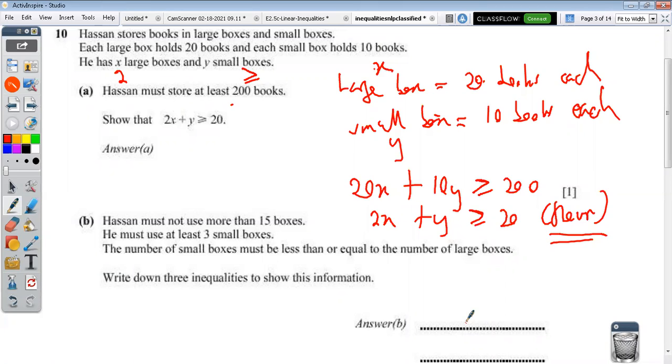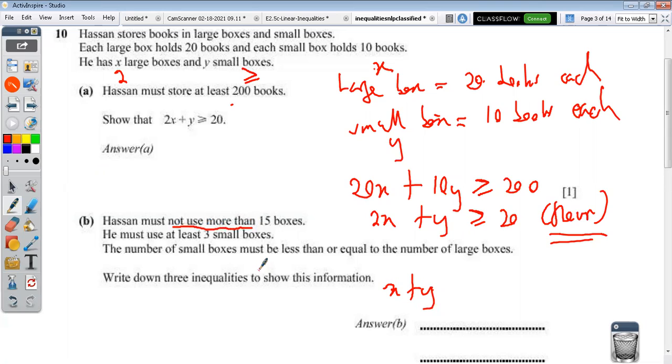Sarah? Yes, sir. Okay. Now look, Hassan must not use more than 15 boxes. So the boxes in general is x plus y, large and small. But they should not be more than. Which sign is this?